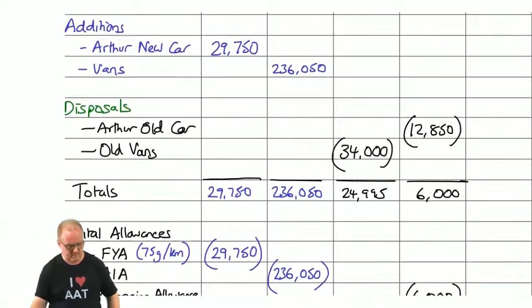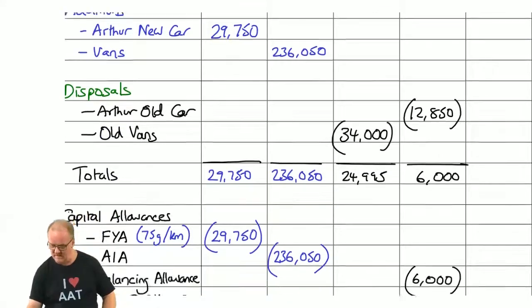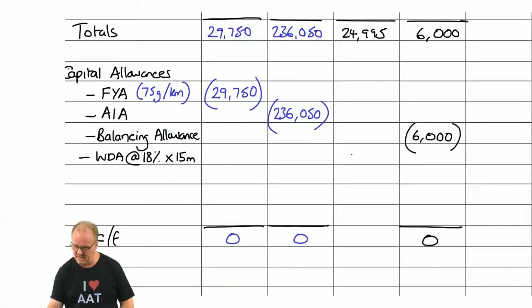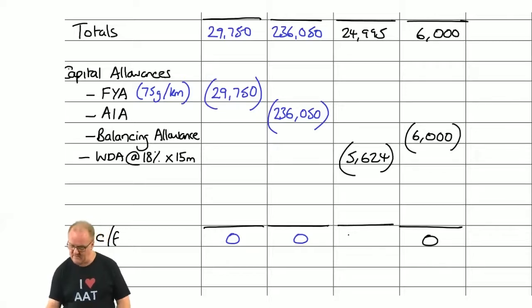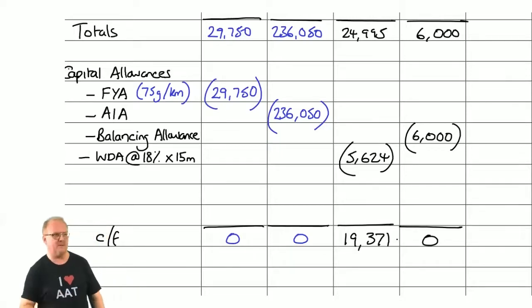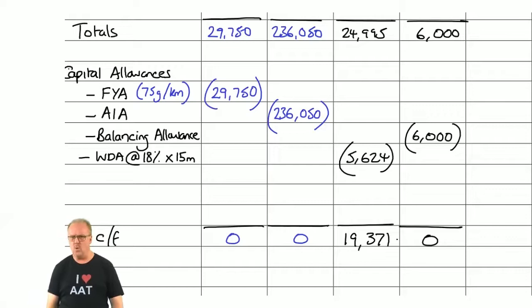So back up we go. Whoops, a bit further so we can actually see it. That would help, wouldn't it? So that goes in there, meaning the general pool will now come down to 19,371, if my mental arithmetic is correct, which it is.